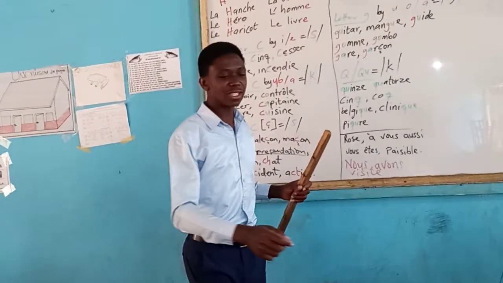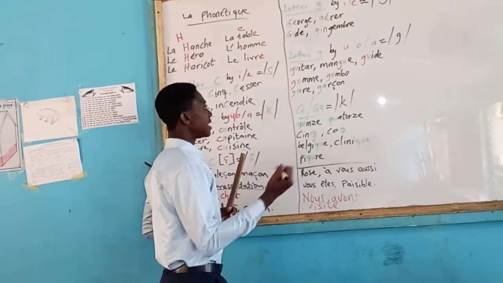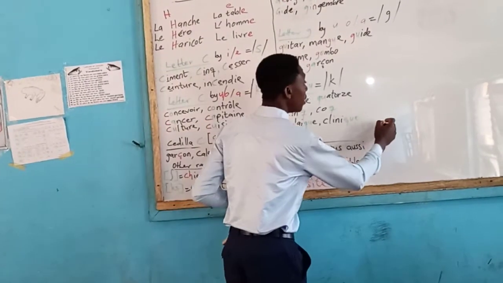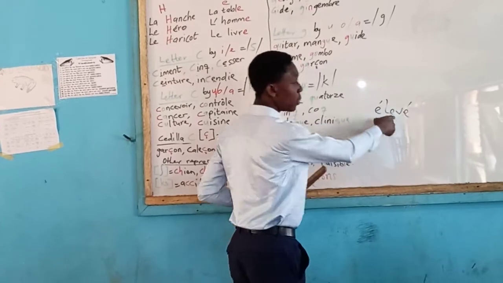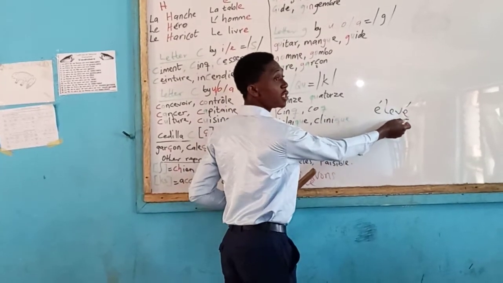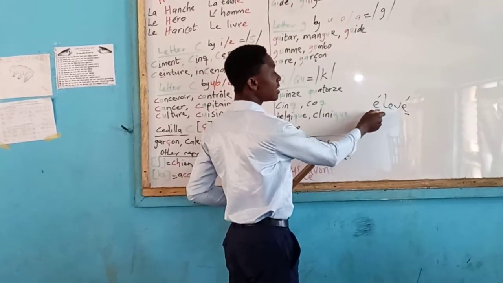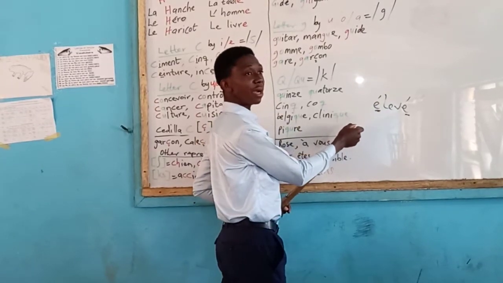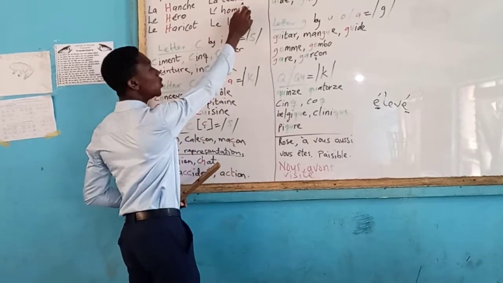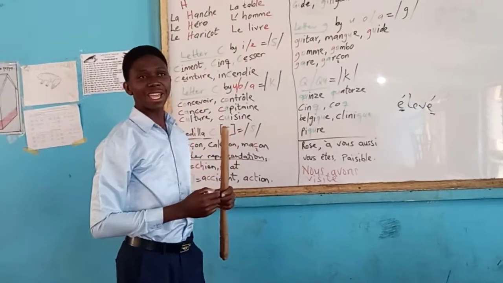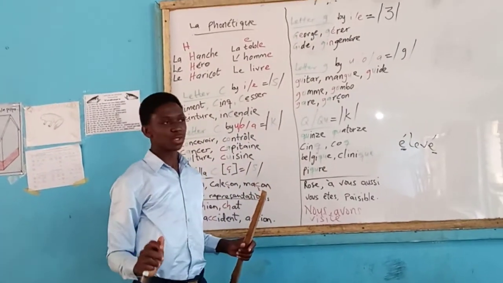For example, élevé: here there is an accent on it, so it is pronounced. But when it is alone and there is no accent on it at the end of the word, then it is silent. It is not pronounced.